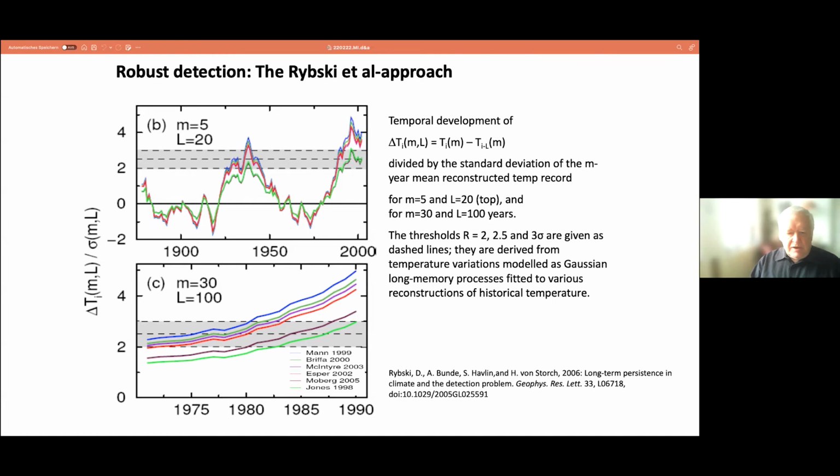And all this is normalized, and we have thresholds, 2 or 2.5 or 3 sigmas, as given by dashed lines.